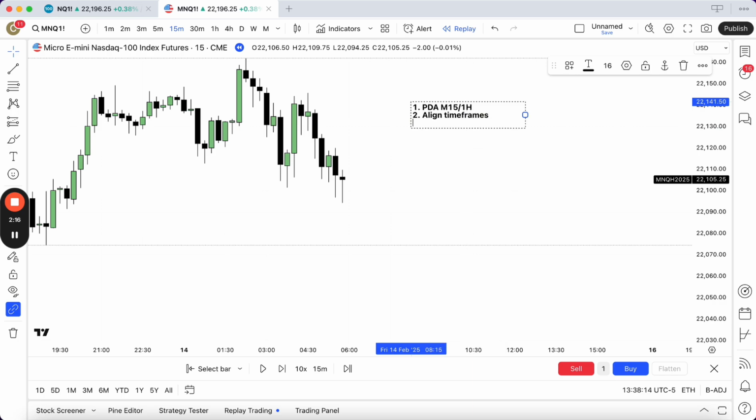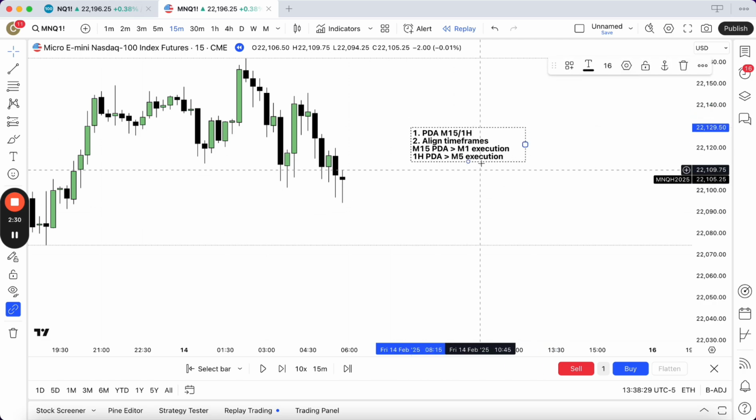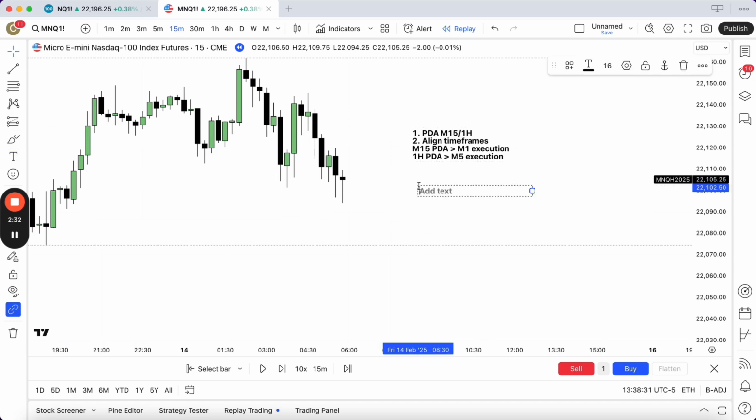A 15-minute PD array is aligned with a 1-minute execution, and a 1-hour PD array is aligned with a 15-minute or 5-minute execution. Then we look for the three confluences on those lower time frames, which is a liquidity sweep, an SMT with ES, and a change in state of delivery, which is our entry.